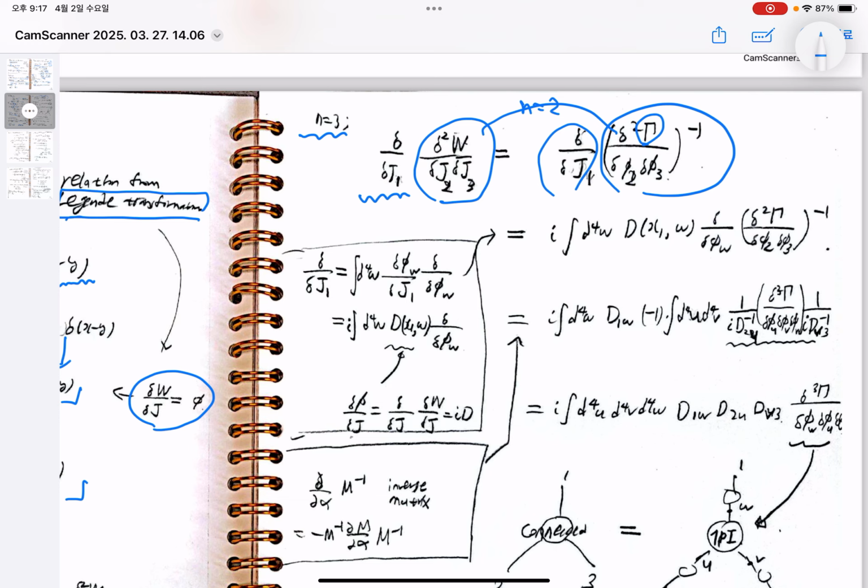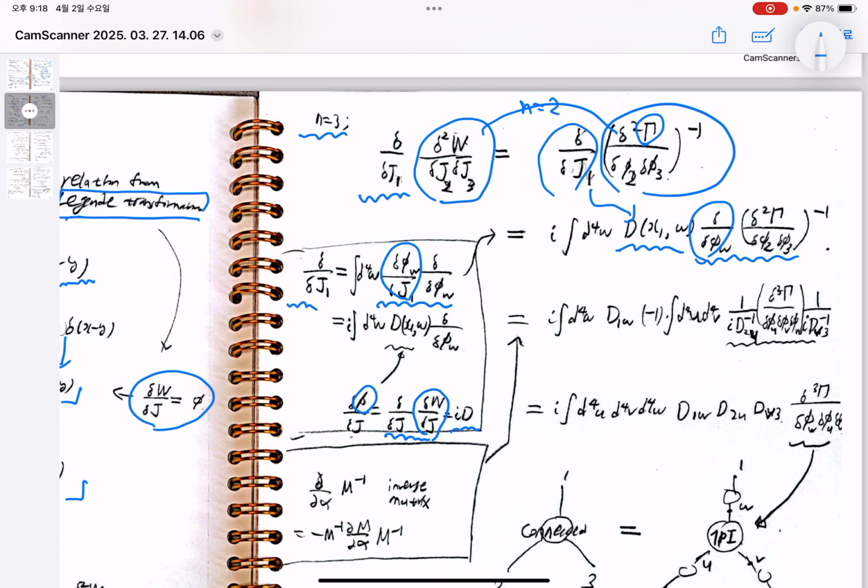First of all, the d delta J1 can be written as a chain rule, and again the pi can be written by delta w delta j, which gives the second derivative of the delta j here. So this gives the propagator, with the addition of the delta pi w.